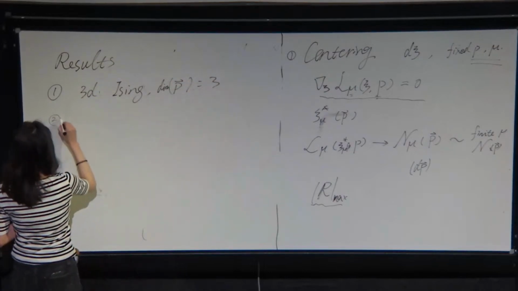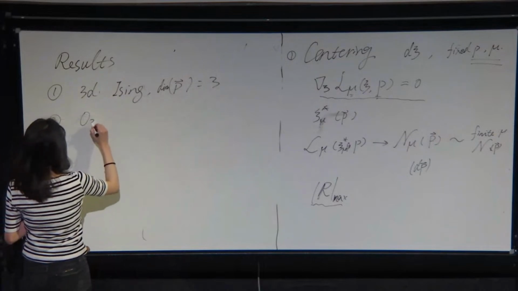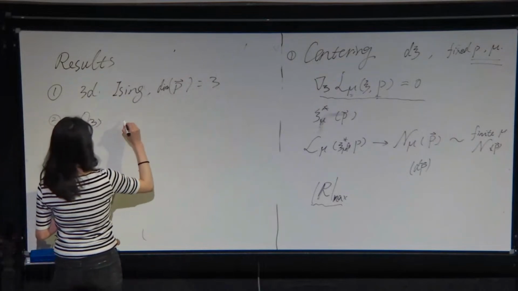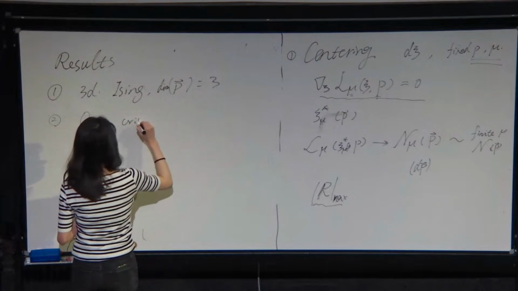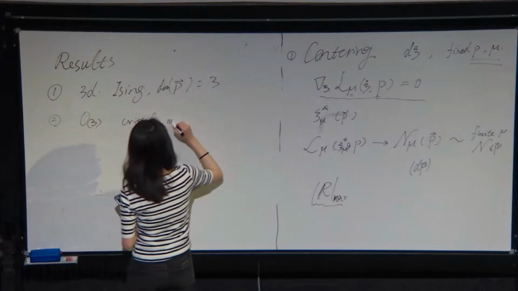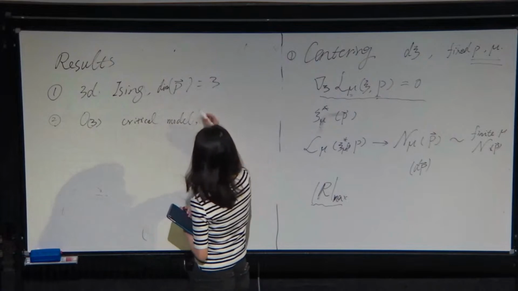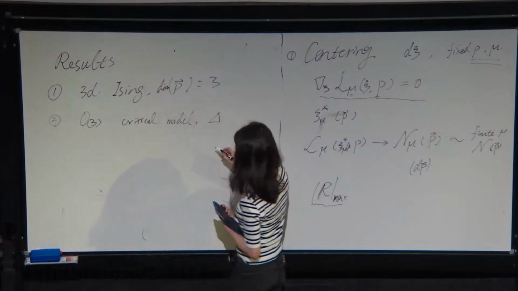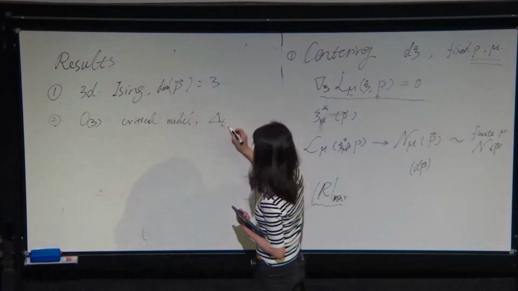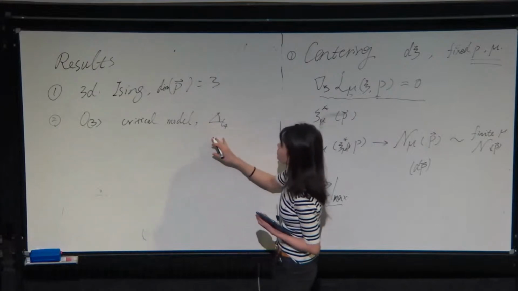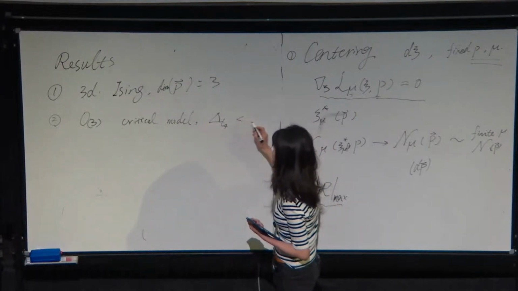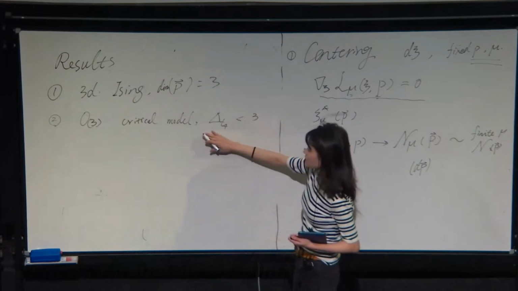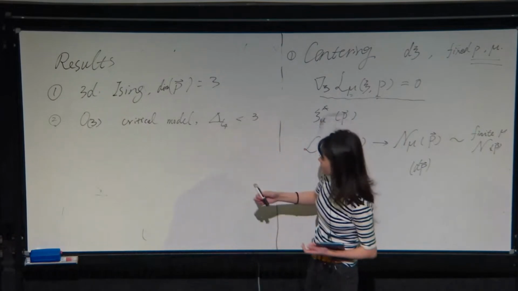We also tested on the 3D O(3) critical model. The goal there is to upper bound the scaling dimensions of the rank 4 tensor. In particular, we want to find out whether it's relevant, irrelevant, or marginal.